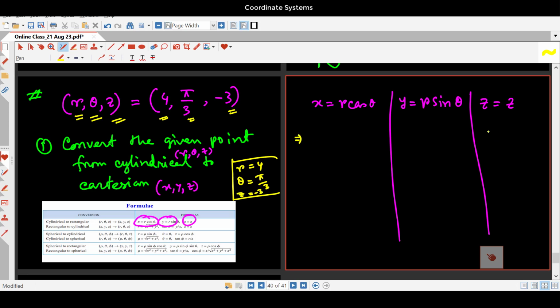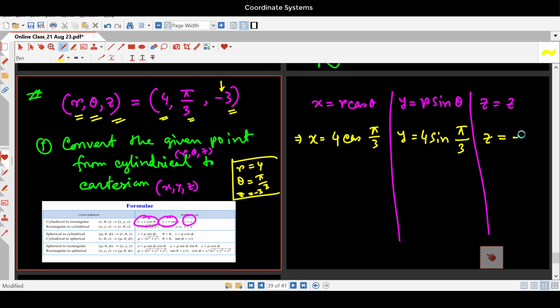So we can easily find x now. x equals r cosine theta. r is 4, theta is pi by 3. y is r sine theta. r is 4, theta is pi over 3. z equals z. So whatever z you can see, minus 3, that is the same.